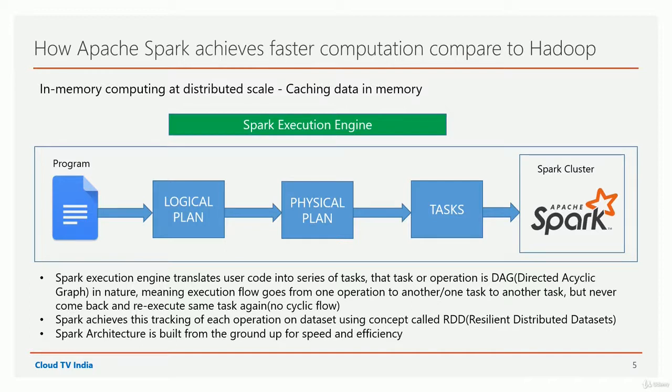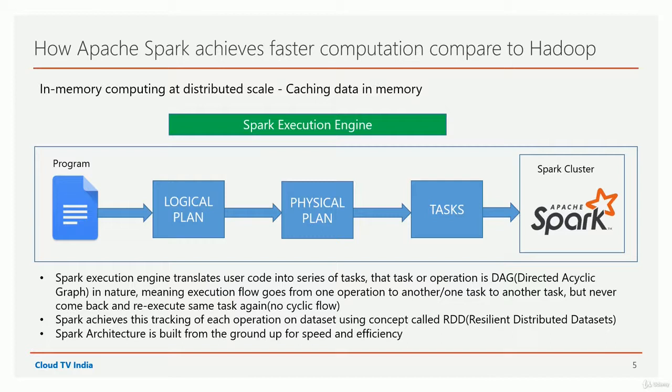If there is a failure in your data flow, it is able to regenerate your data or your flow of execution using the lineage. It keeps track of the operations or transformations it is going to do, and you can rebuild the transformation or operation whenever a failure occurs.